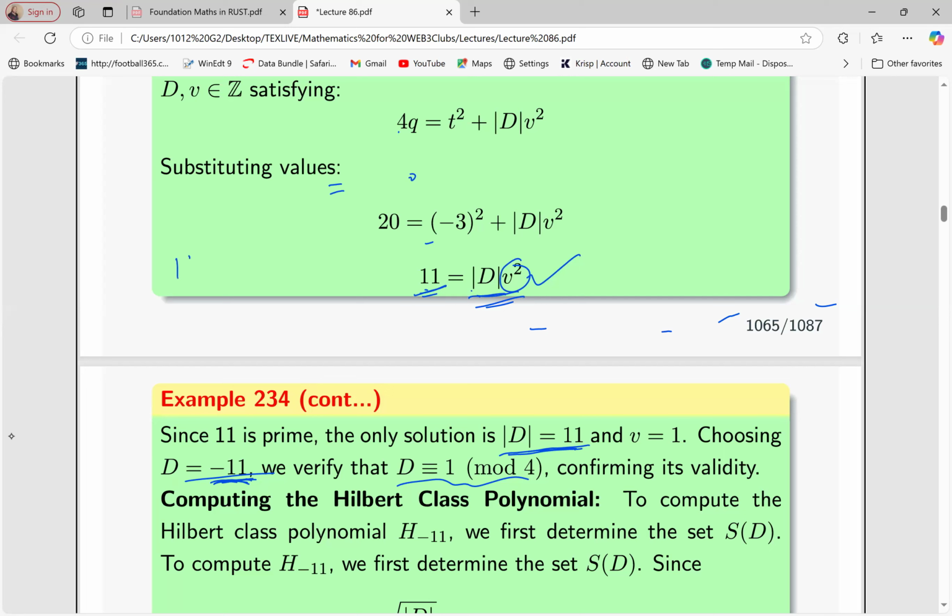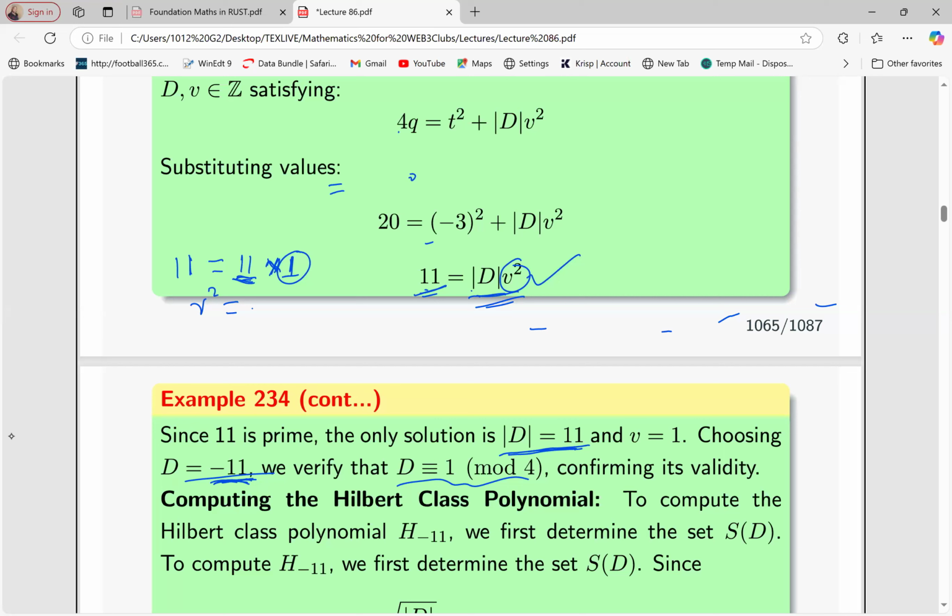So if you have 11, and lucky enough, 11 is just 11 times 1. Also 11 is prime. So one of these numbers must be a square, one that you can get the square root of easily. I'm not saying that this number may not have a square root. Sometimes it could have, depending on the field you're working in.